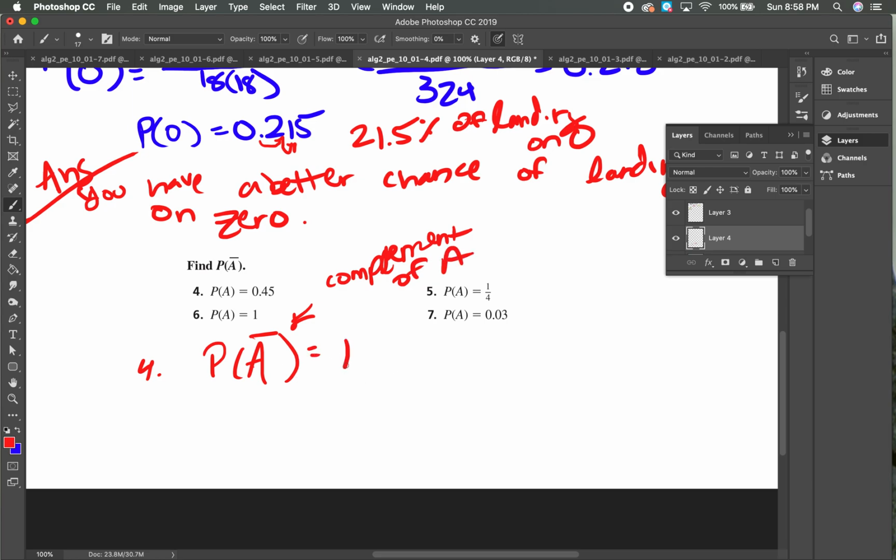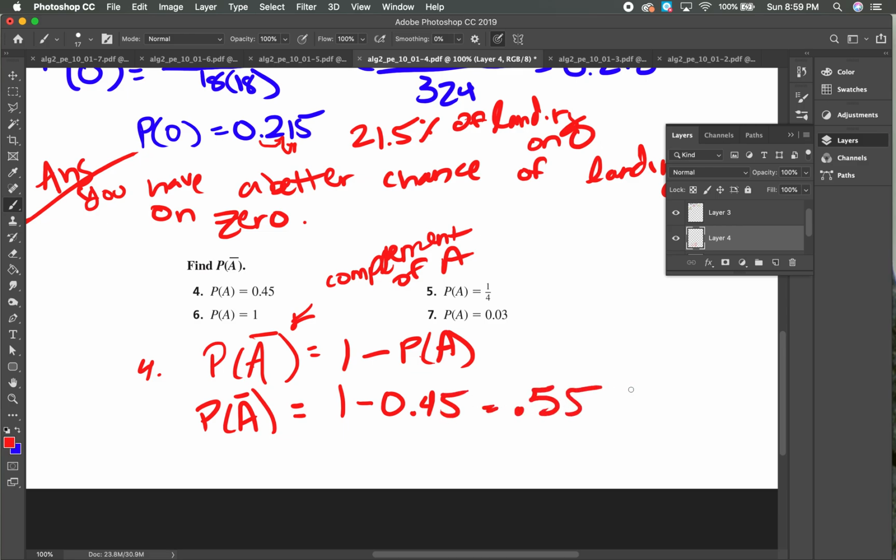So I'm going to take 1 minus whatever my P of A is. For example, for the first one, the probability of the complement of A is going to be 1 minus 0.45, which is 0.55. Just to show you, in case you were confused by that.